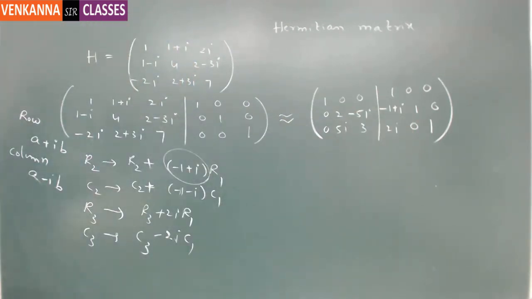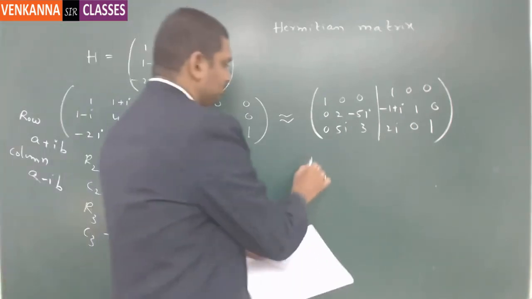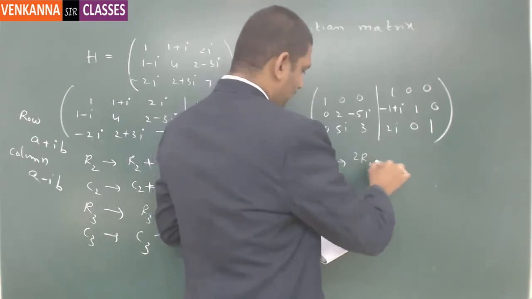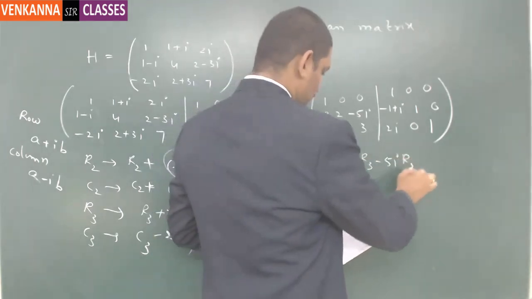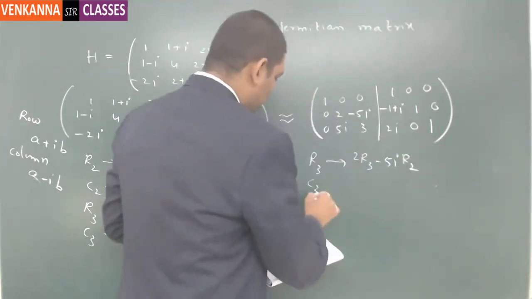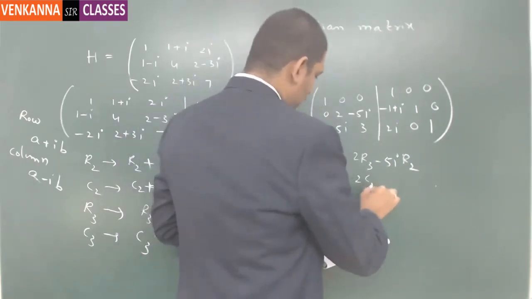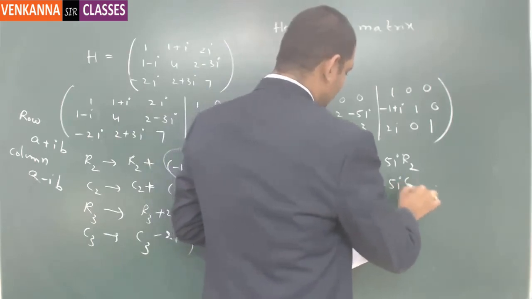Again, you apply the operation R3 tends to 2R3 minus 5I R2, and the column operation C3 tends to 2C3 plus 5I C2.